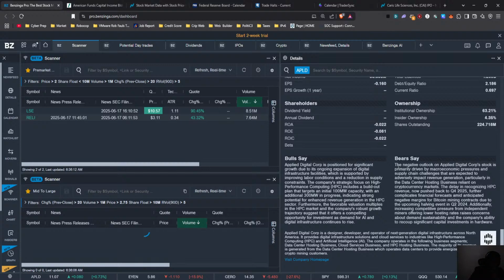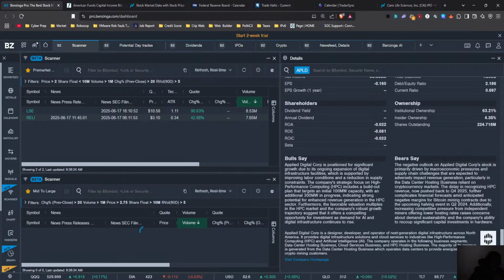All right, bears say the negative outlook on Applied Digital Corp stock is primarily driven by macroeconomic pressures and supply chain challenges that are expected to adversely impact revenue generation, particularly in the data center hosting business reliant on cryptocurrency markets.